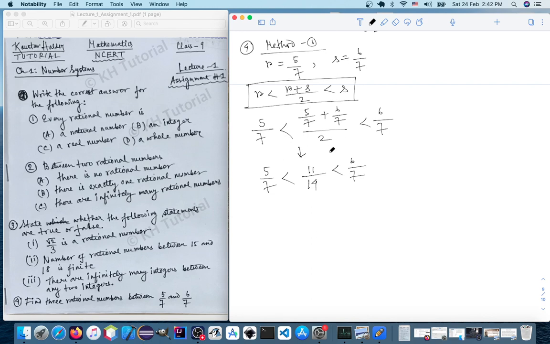So 11 by 14, we have found the first rational number that lies between R and S.